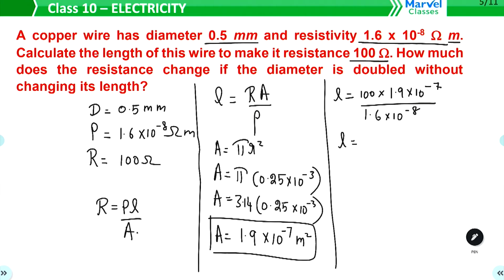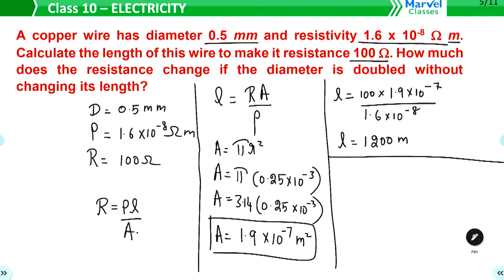The answer that you will be getting is 1200 meters. So if you have a wire of 1200 meters, you will have a resistance of 100 ohms in this particular condition. Now I will show you how the second part of this problem is done.